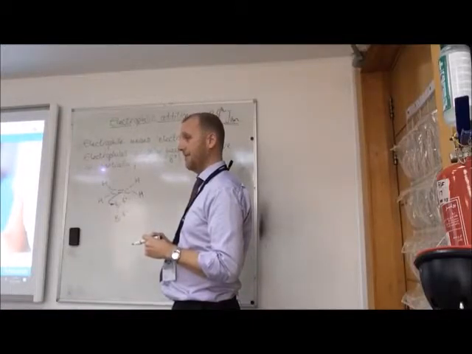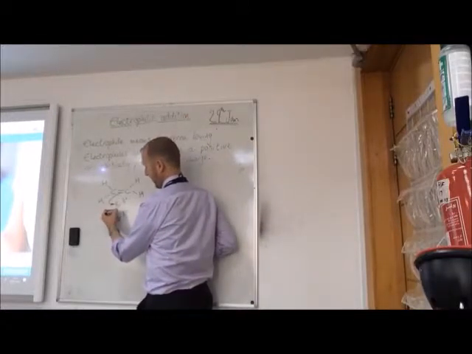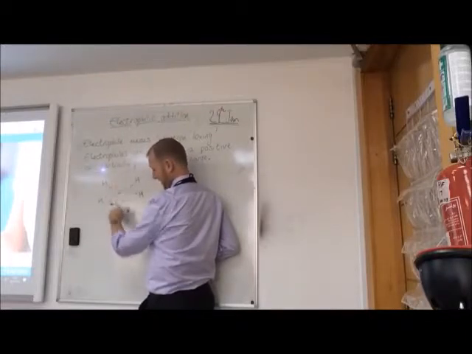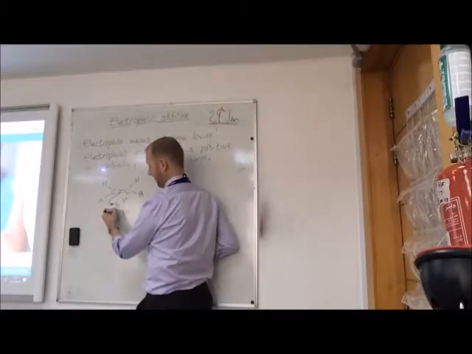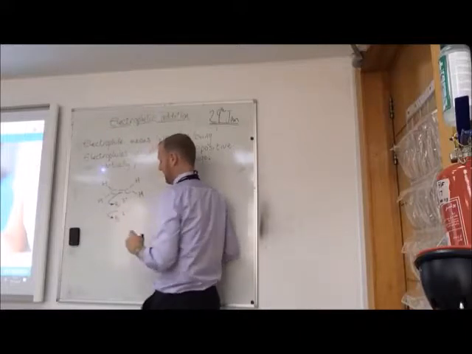At the same time, from the bond here, there's more electrons coming in, it's going to push all the electrons all the way down, it's going to break the bond. To show a bond breaking, again, I'm going to put in a curly arrow, from a bond towards an atom.